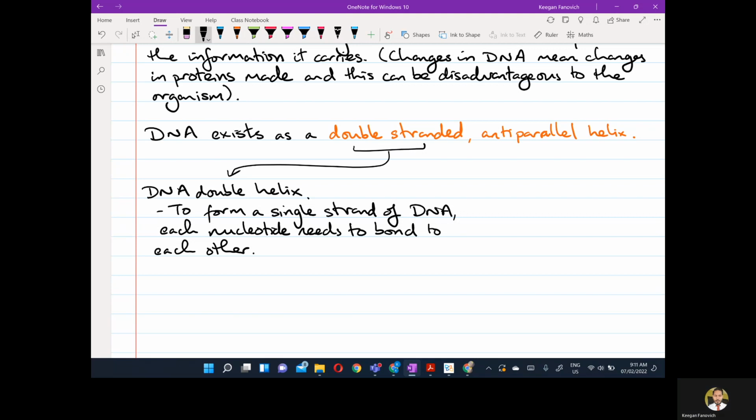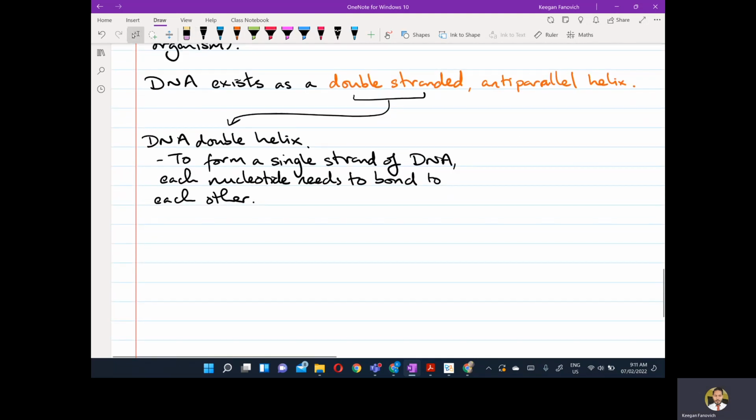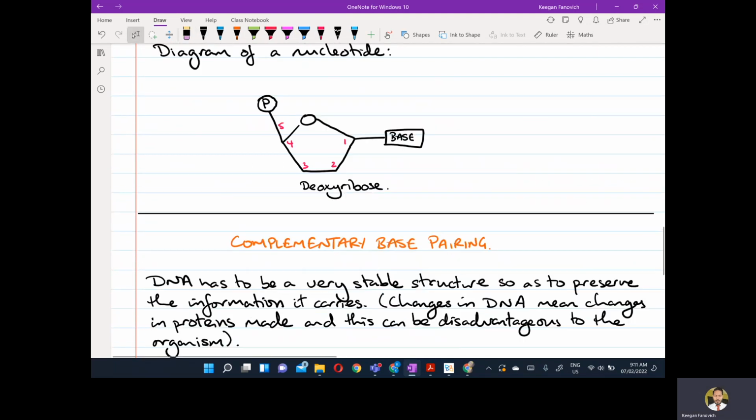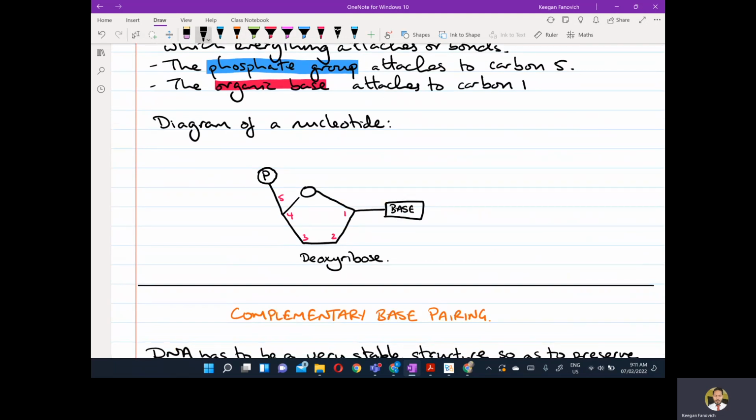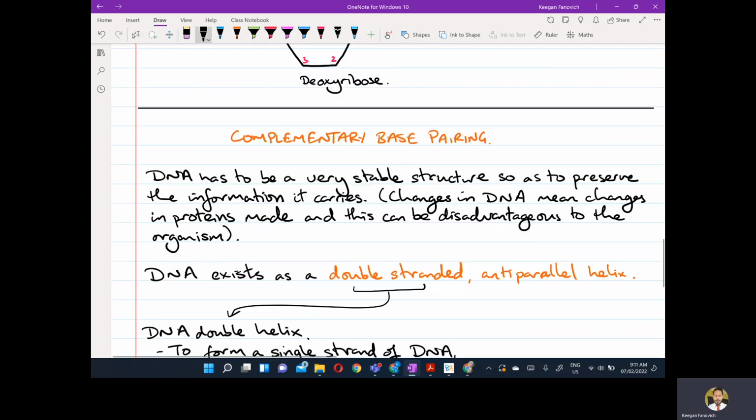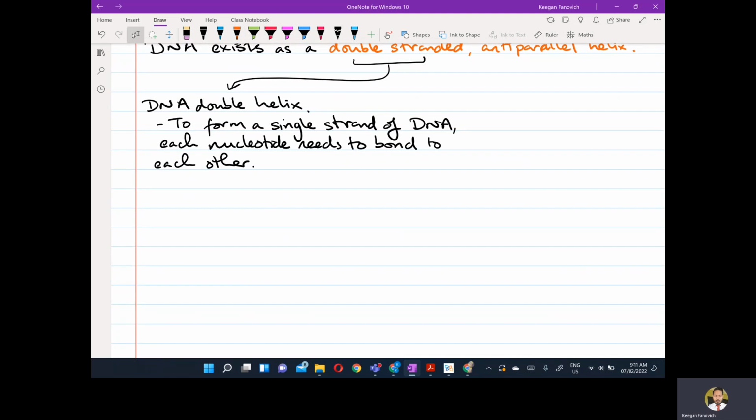So this nucleotide needs to bond to other nucleotides to be able to form the single strand. Okay? So where does this bond occur, right?